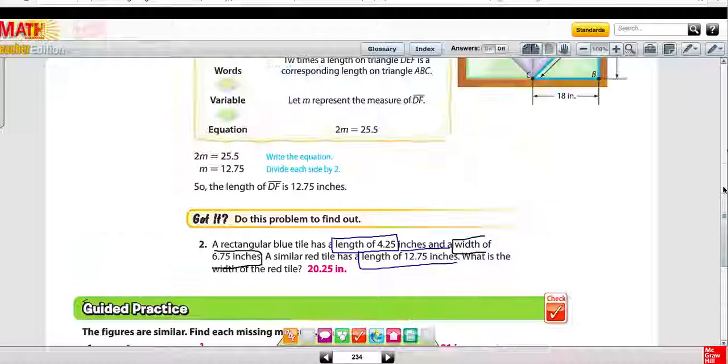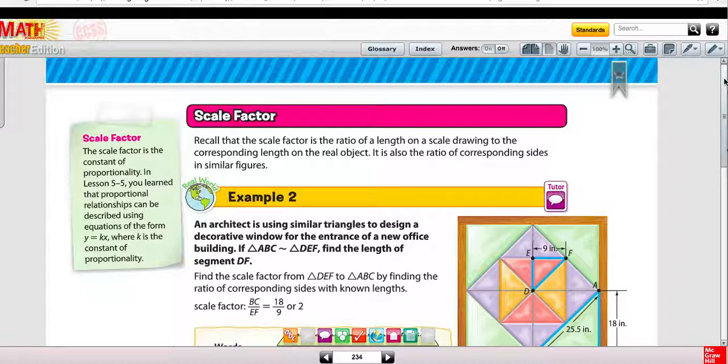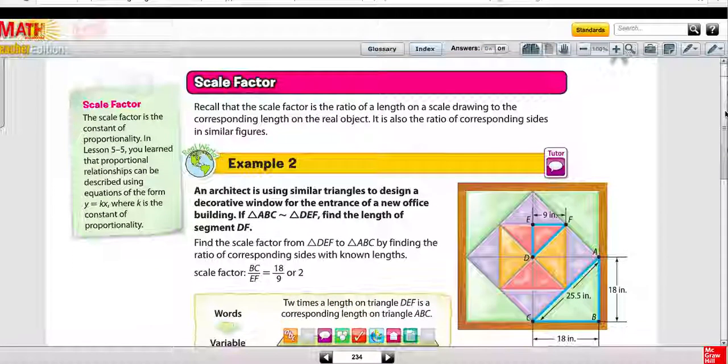At the top of page 234, we have another example using scale factor, and we've used scale factors in the past. It's simply a ratio of a length on a scale drawing to the corresponding length of the real object. And it's also the ratio of corresponding sides in similar figures.